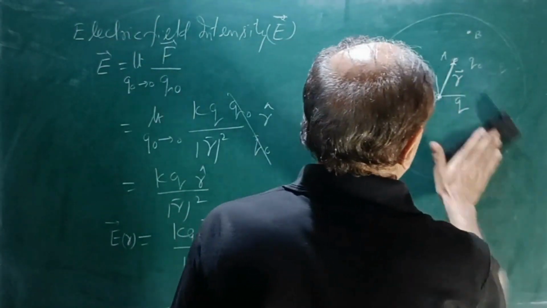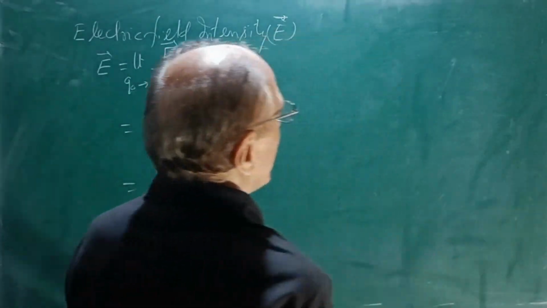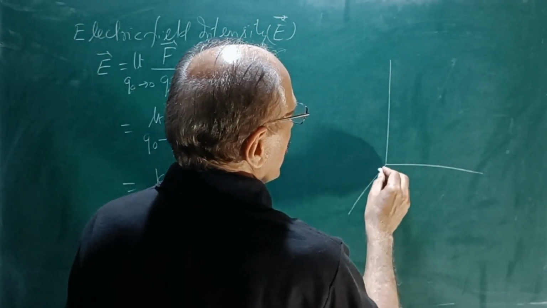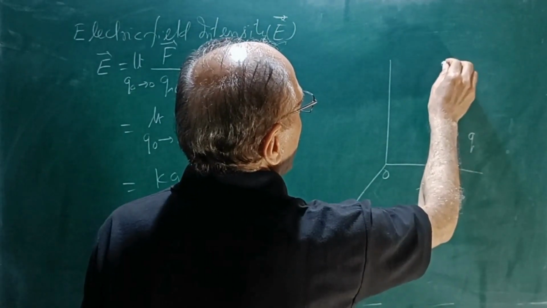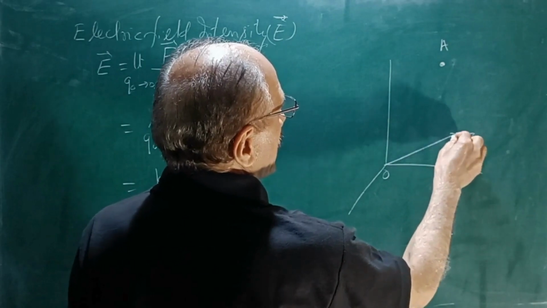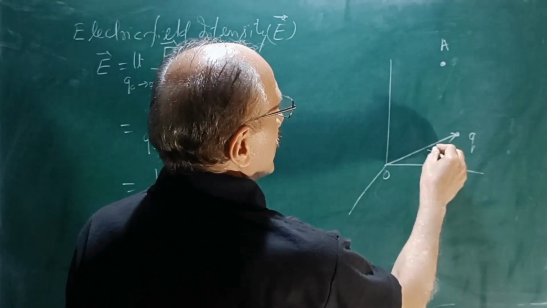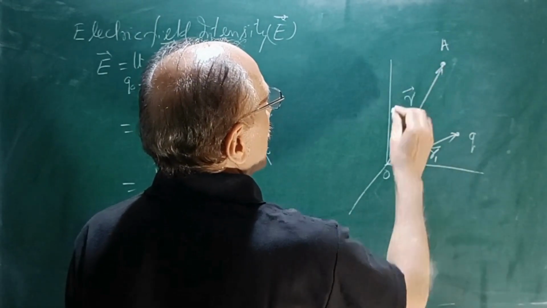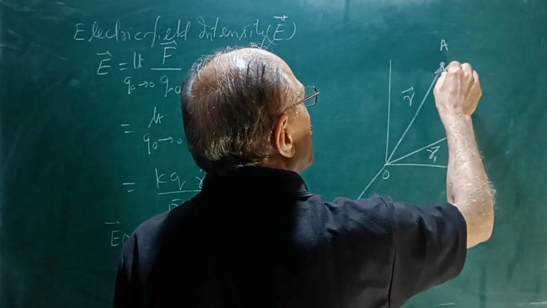In that case, if our origin is somewhere here and the charge Q is at position R1, and the point is at R, then the distance will be considered this one.